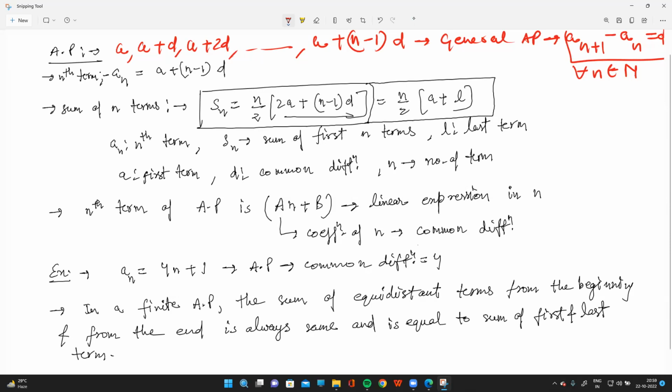Now its nth term is defined as A plus n minus 1 into D. We all know that, right?